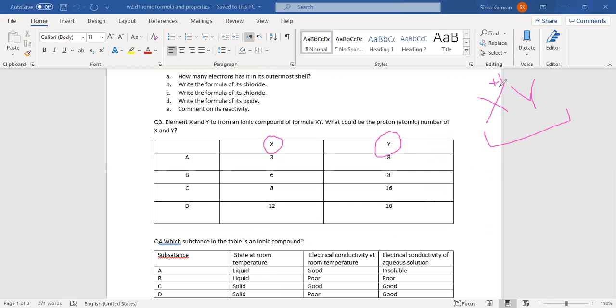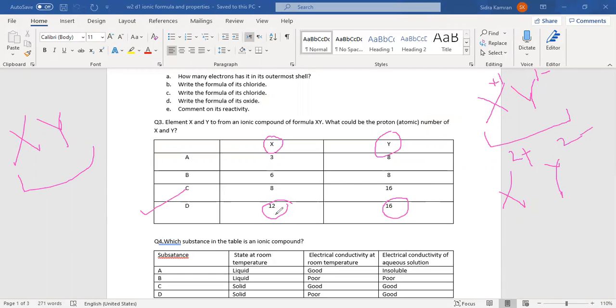It's possible that they have valencies of +1 and -1, or 2 plus and 2 minus. So both having the same valency, that's why they exist as a single atom each, combined as XY. So option D is the correct one. X has atomic number 12 and Y has atomic number 16.